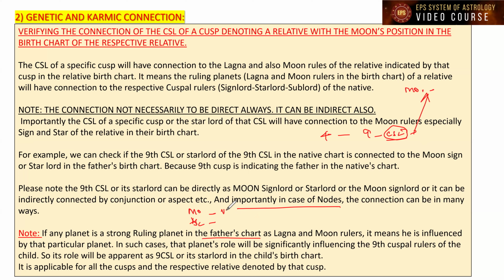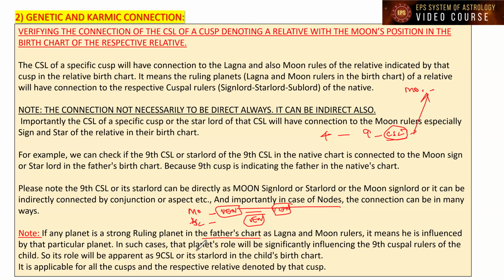Suppose a planet is repeatedly appearing: moon in the sign of Venus, suppose the ascendant star lord is Venus, and suppose the moon sublord is Venus. It means Venus is playing a role in the ruling planets significantly. That is a strong ruling planet in the father's chart. He is ruled by Venus. It means he is influenced by the particular planet.